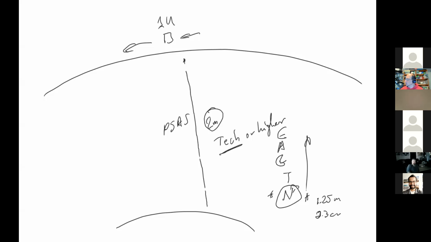Novice is a very weird dinosaur of a license class right now. But we actually had somebody back in October who took this class who had a novice license from 1986 and had never upgraded. So she actually went from novice to technician and then technician to general.